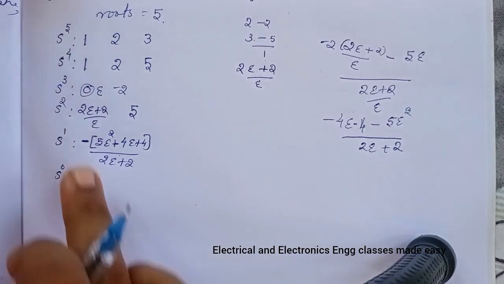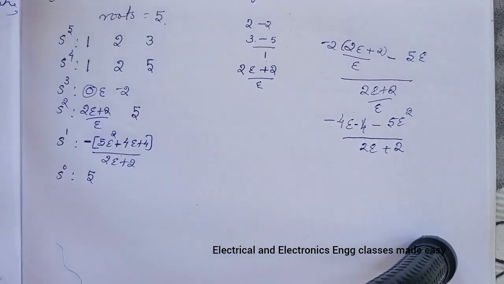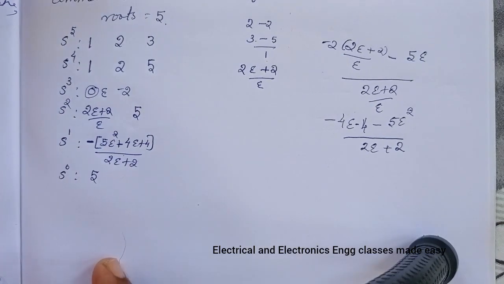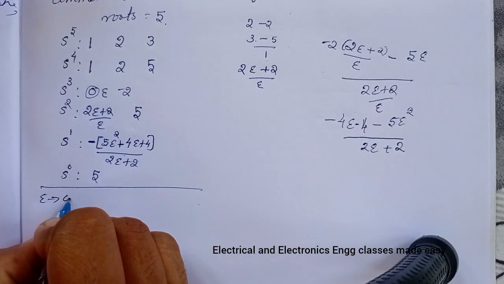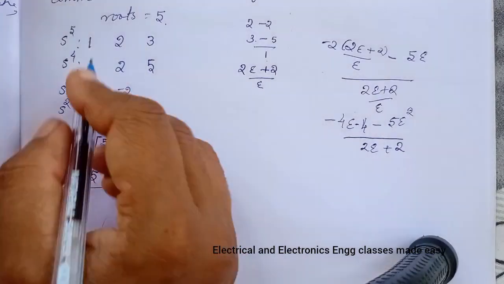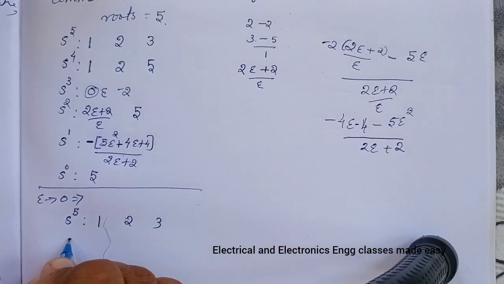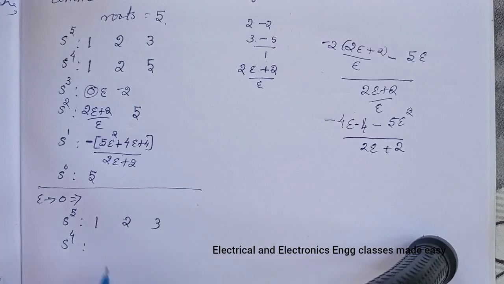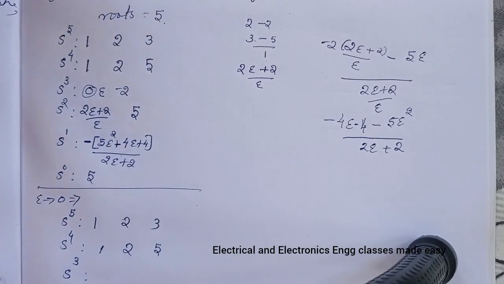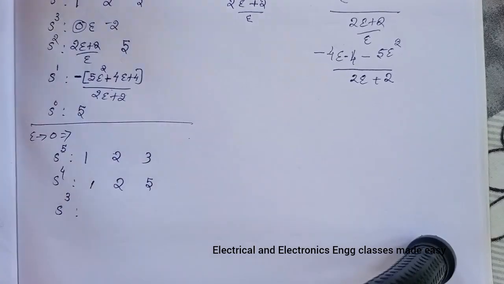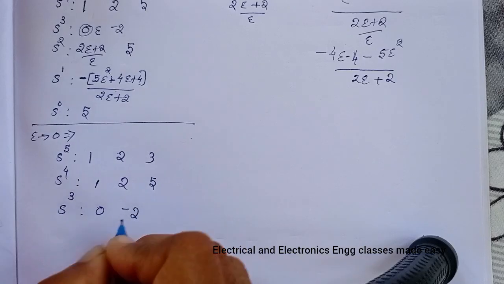Now replace this epsilon with 0 again, that is construct the Routh array once again with replacing this epsilon to 0. So we get s raised to 5 as 1, 2, 3, s raised to 4 as 1, 2, 5, then s raised to 3. So to get s raised to 3, replace epsilon with 0, that is 0, minus 2.